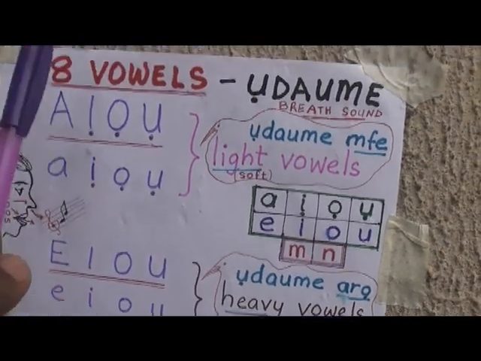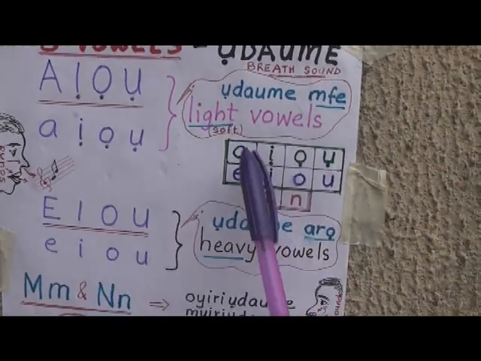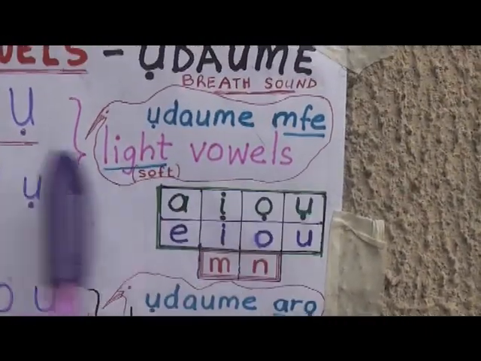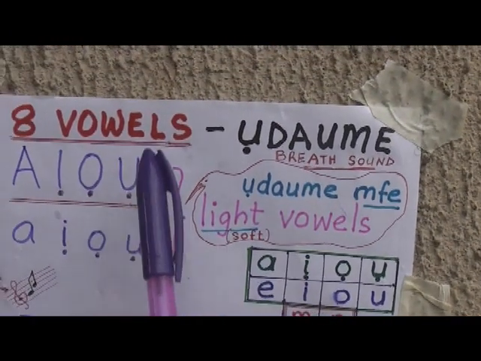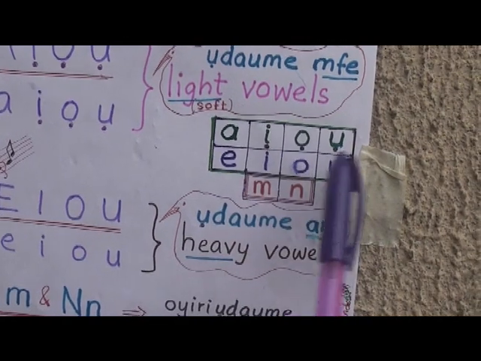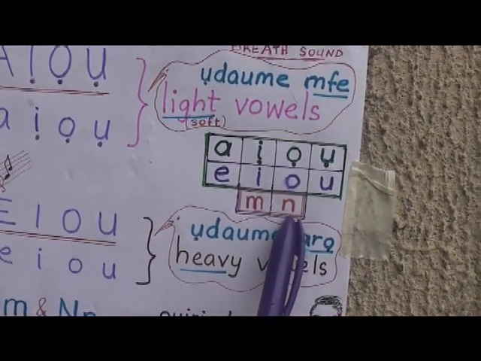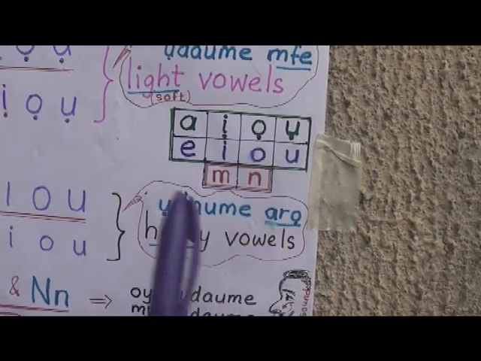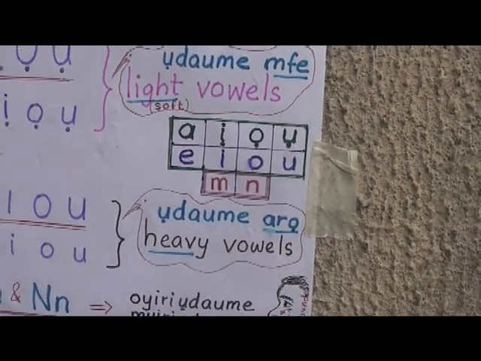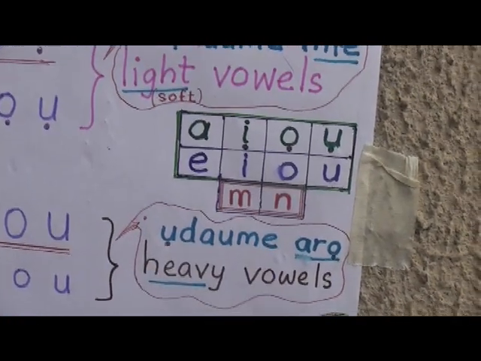Without the use of odaume, you cannot pronounce any consonant. Note very well that the light vowels are A, E, O, while the heavy vowels are A, E, O, U. We mentioned two letters, me and ne. Sometimes they behave as if they are vowels. That's why we call them oyiri odaume.